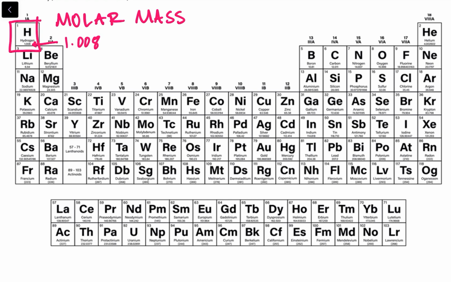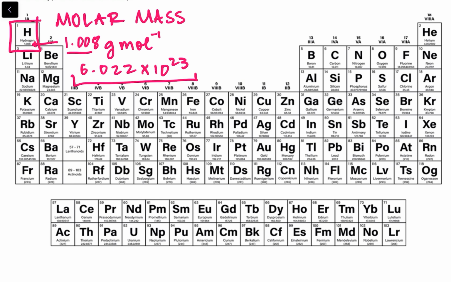That number is the mass in grams per mole. So 6.022 times 10 to the power 23 H atoms weighs 1.008 grams.